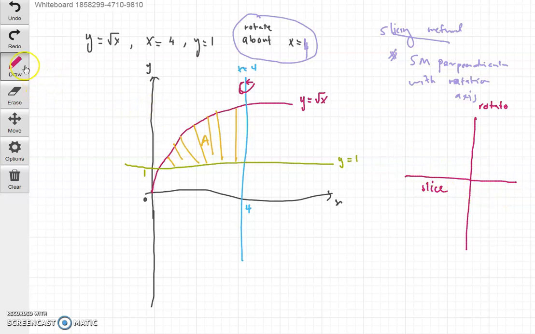So here, let me draw the slicing part, which is a horizontal line. You can draw the horizontal line anywhere as long as it is within this region. So let's say I put it somewhere here. Let me make it thick. This is our slicing part.